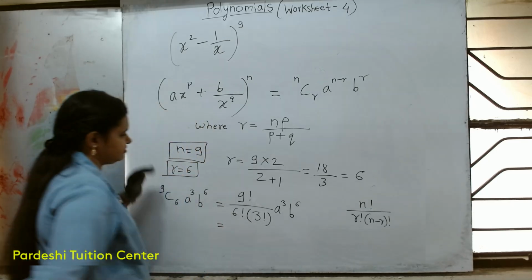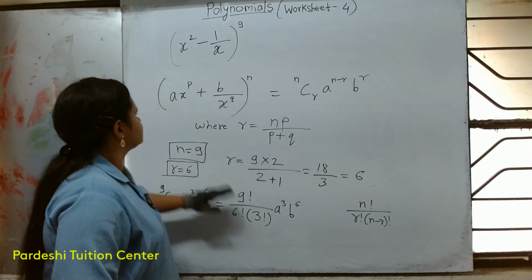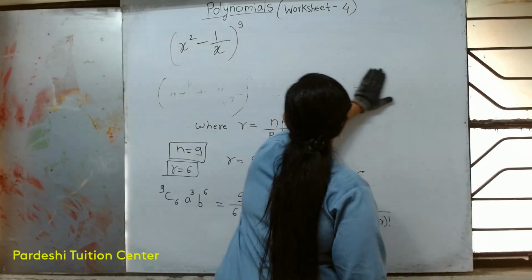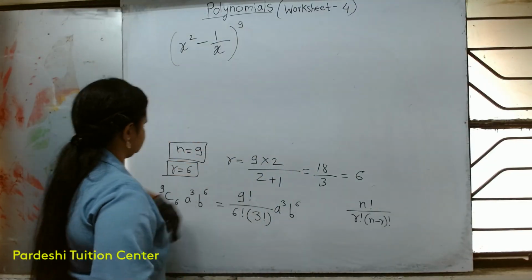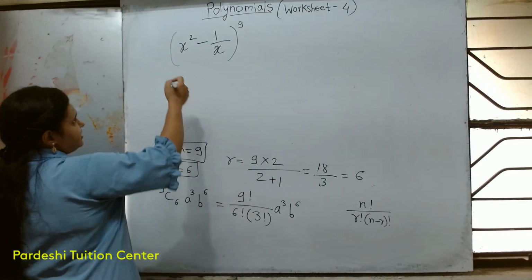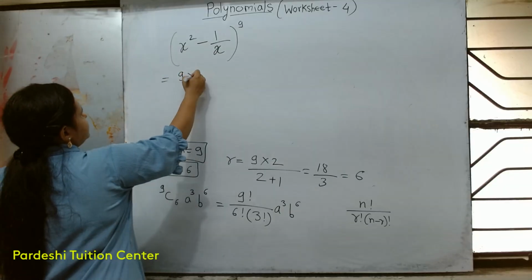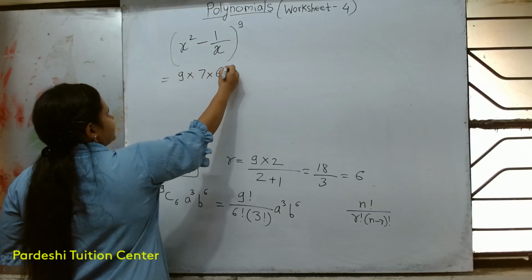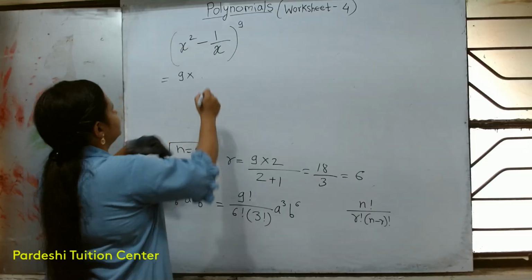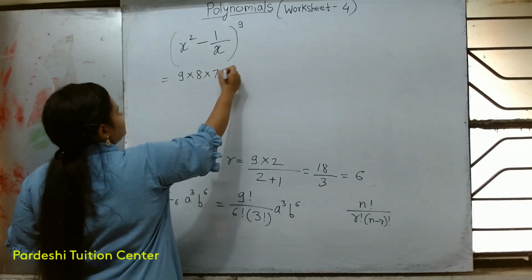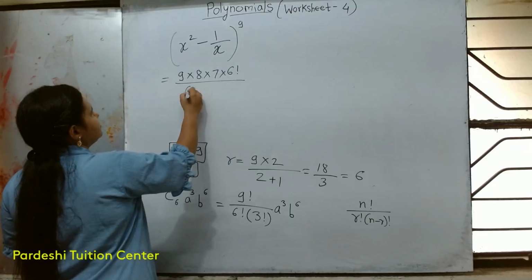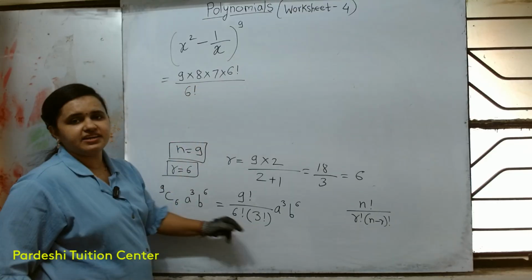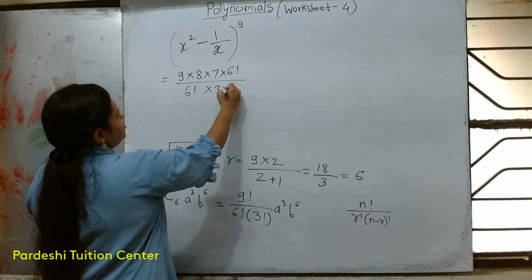Now in factorial I can write 9 factorial as 9 into 8 into 7 into 6 factorial, upon 6 factorial, and 3 factorial I can write as 3 into 2.